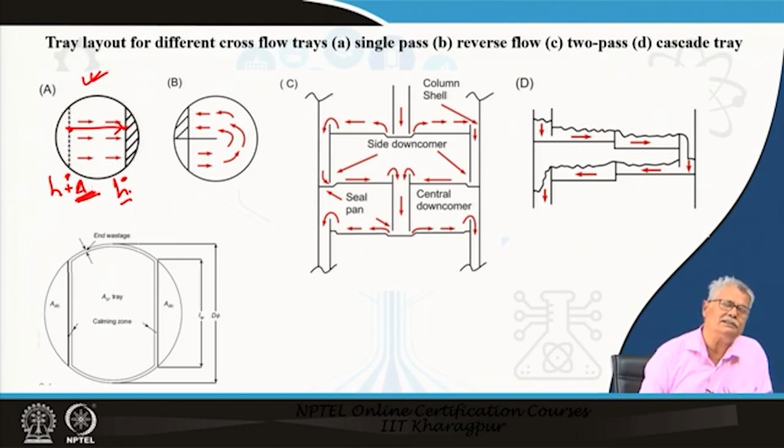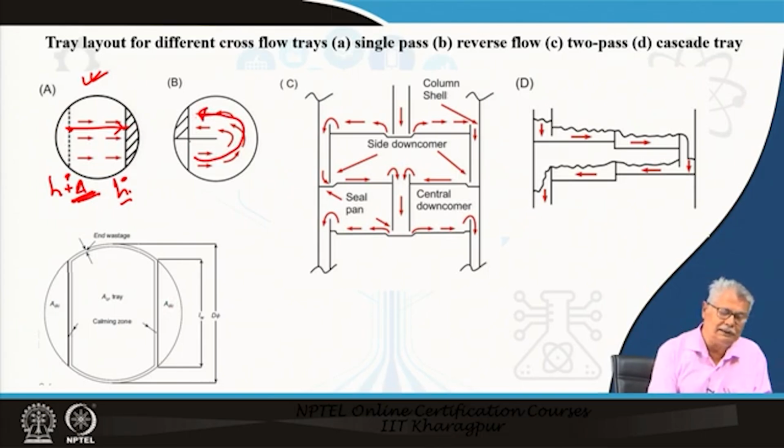When is it expected to be high? When the frictional drop is expected to be large, your delta will be high. Suppose you are dealing with a liquid which has got very low viscosity, like liquid air in a cryogenic plant. You will have a very low value of delta. So, what is done in order to give a longer residence time? You use a reverse flow tray.